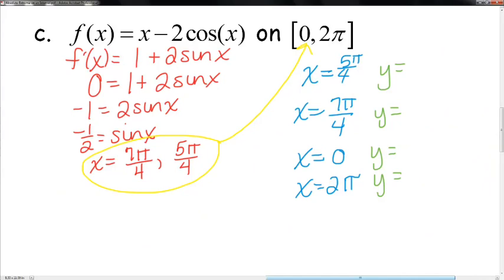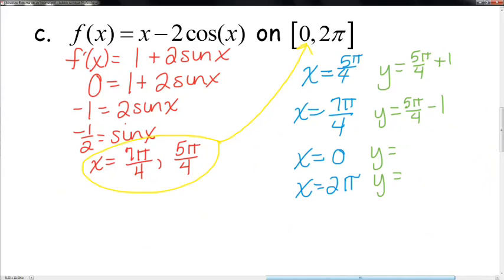Alright, cosine of 5 pi over 4 is going to be negative 1/2. And so we have 5 pi over 4 times negative 2 times negative 1/2, so plus 1. 7 pi over 4, cosine would be positive 1/2, so now we have 5 pi over 4 minus 1.